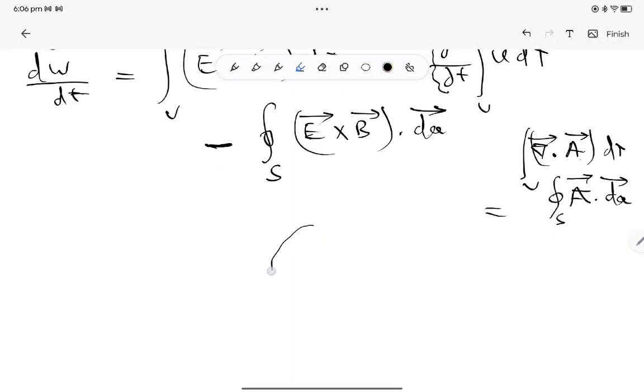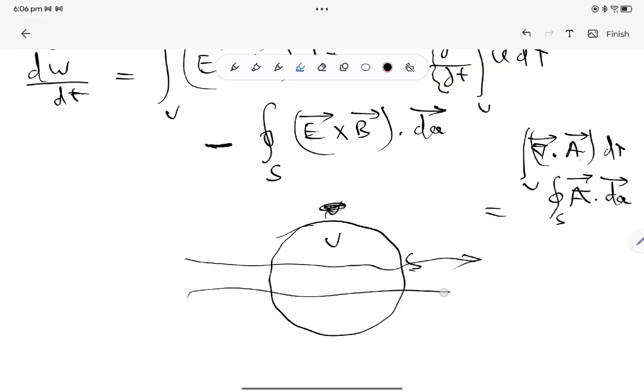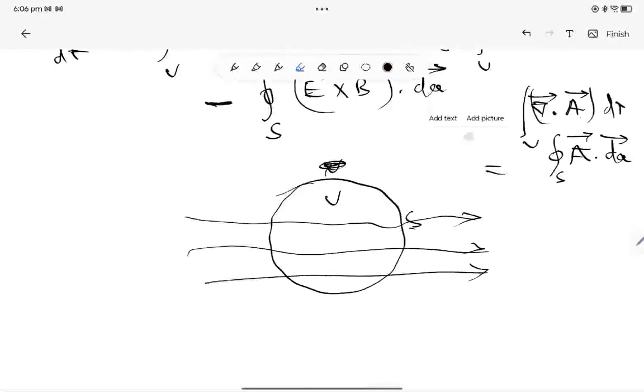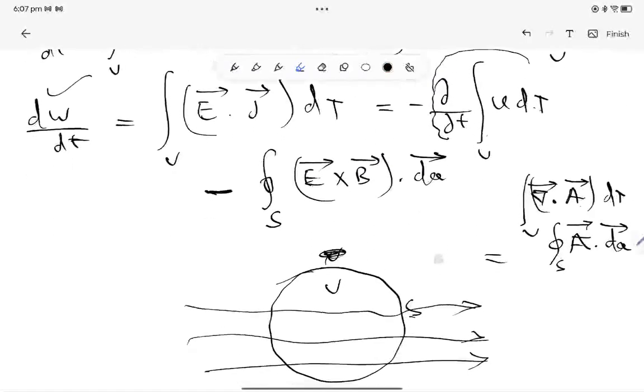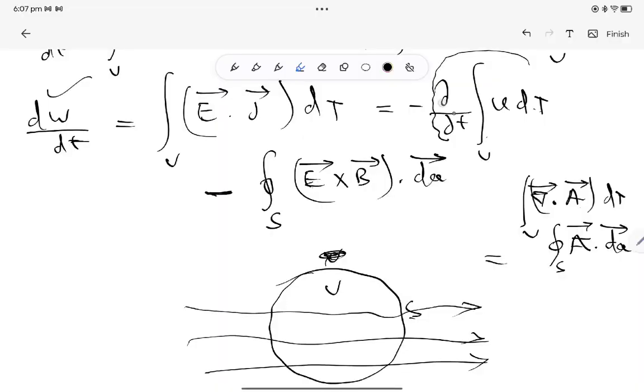I will explain it. This was our volume. This is the surface. Now there was an electromagnetic wave going through this. This Poynting equation tells us that the total energy of the wave present in the electric and magnetic fields is this much. And when the wave goes through this, that energy can change with time.